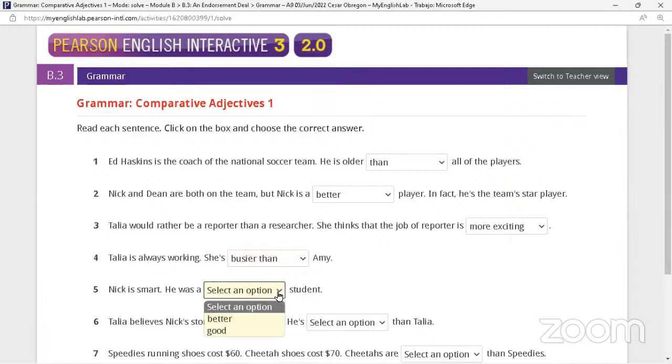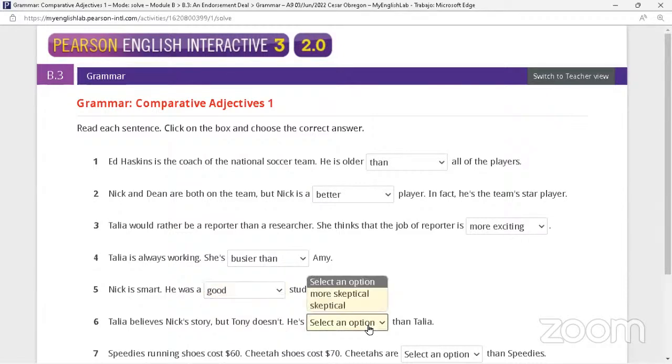Nick is smart. He was a good student. Talia believes Nick's story, but Tony doesn't. He's more skeptical than Talia. Speedy's running shoes cost $60.